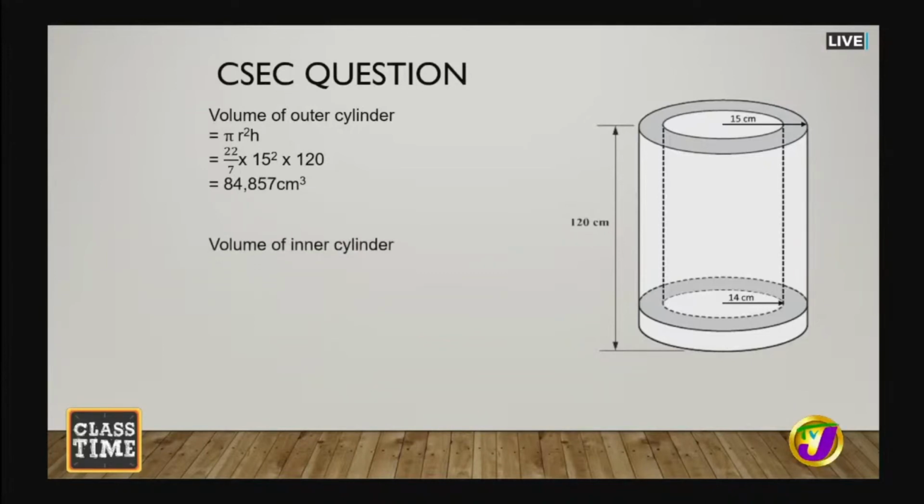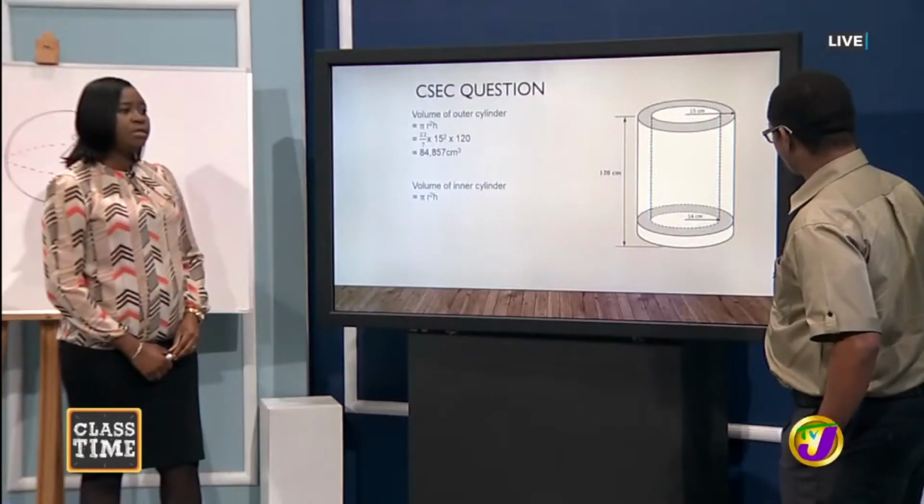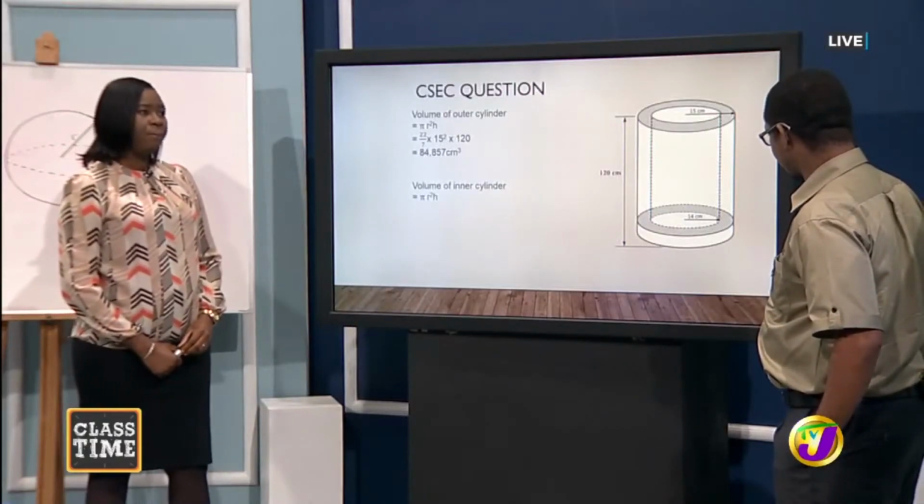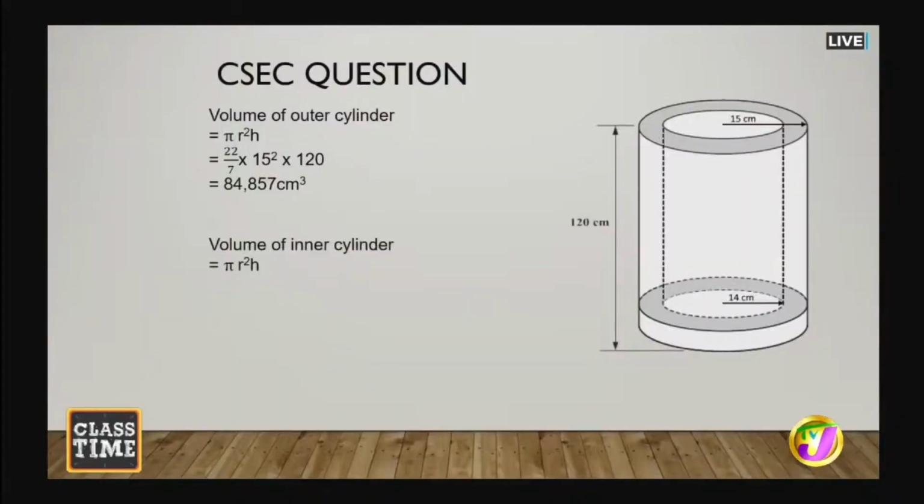Let us look at the volume of the inner cylinder. This is where the analysis takes a little bit more time. We know that the radius of the inner cylinder is 14, that was given. What we have to determine is the height, because obviously the inner cylinder doesn't go all the way down.